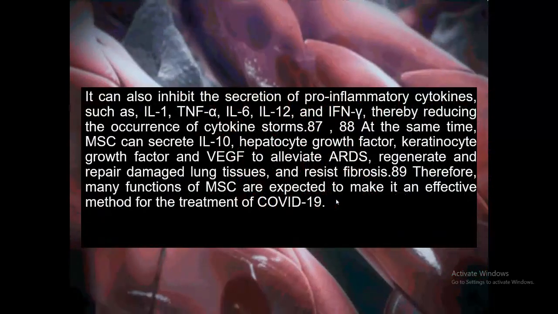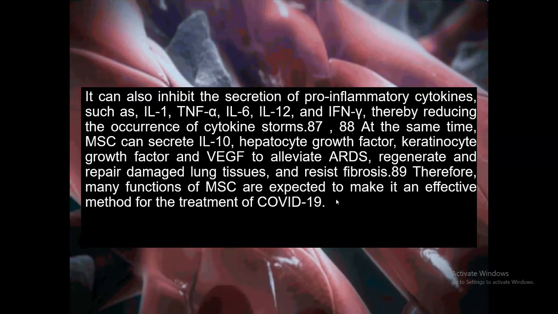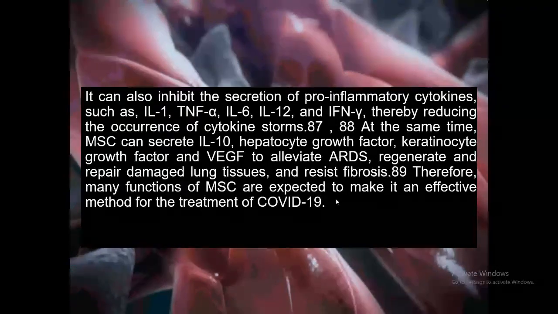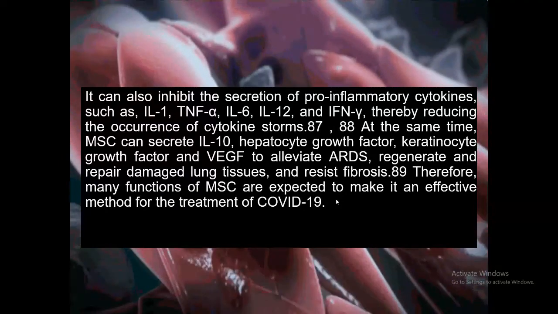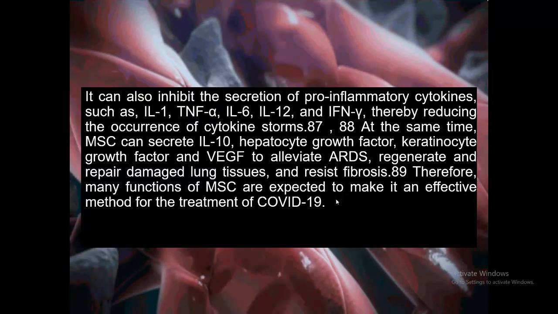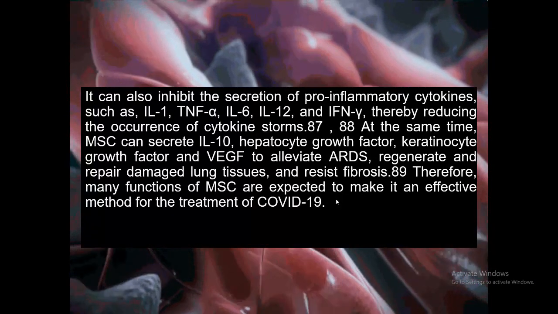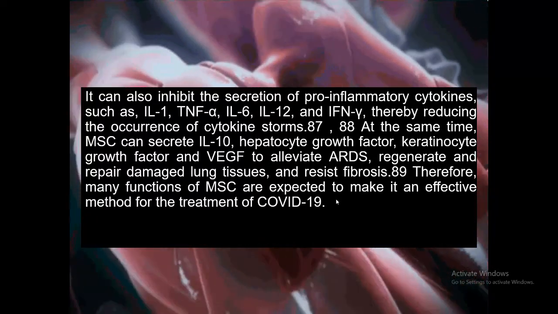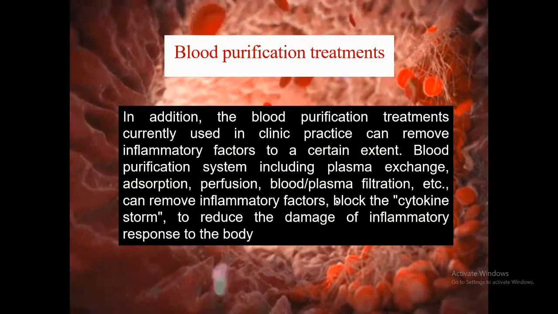So it has a great effect and is promising. It also inhibits the secretion of pro-inflammatory cytokines. So its use in treatment of severe cases of COVID-19 is very attractive, but it is still under clinical trial and we are still waiting for approval. What about blood purification treatment?